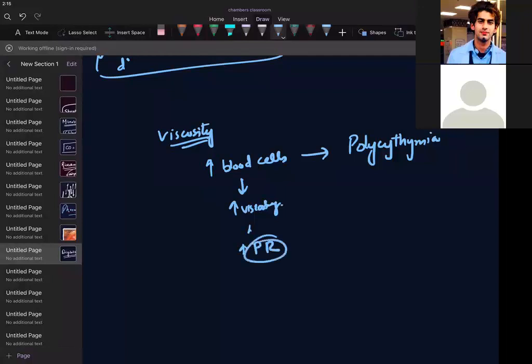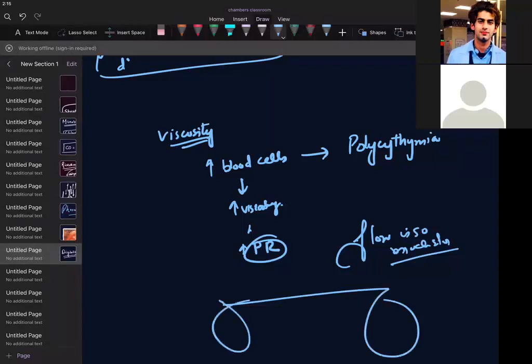The flow is so slow. That resistance is more. You have to drag it through the vessel, you have to drag this blood. So resistance will increase. What will decrease then? Cardiac output will decrease.